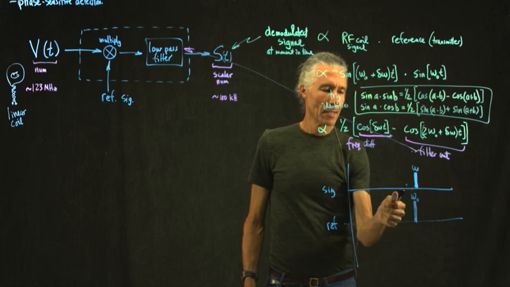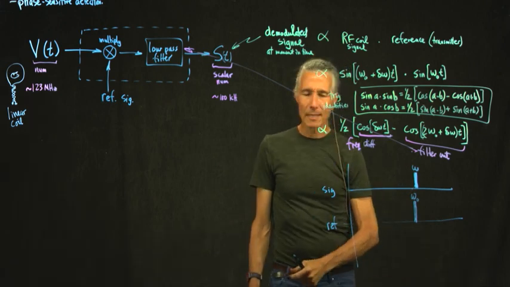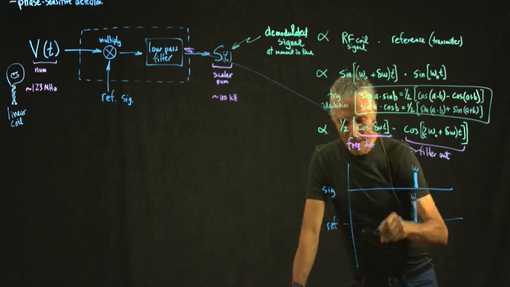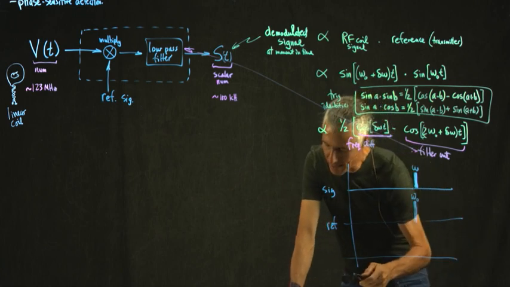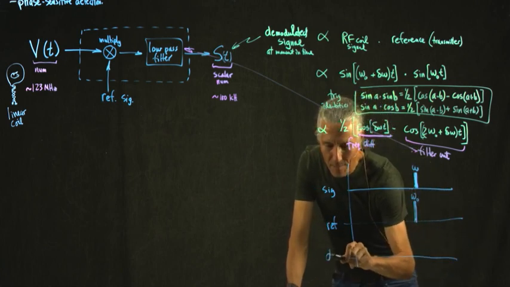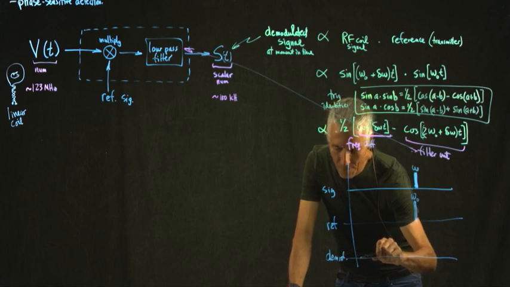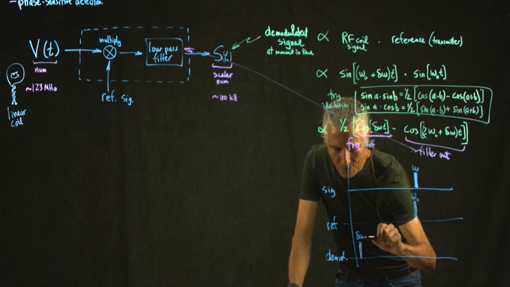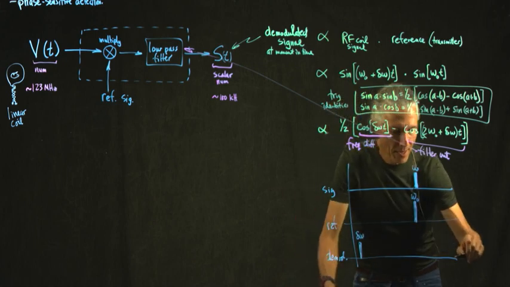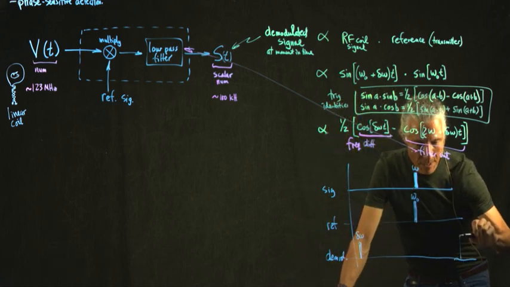So that's a slightly different frequency. And what the trigonometric identity says is our demodulated signal is going to equal the difference. So here's the difference in those two frequencies.